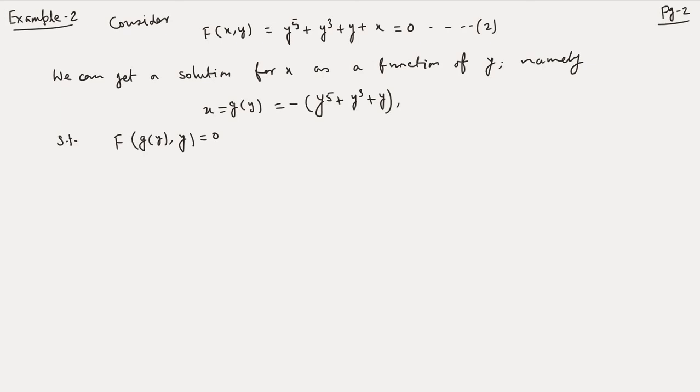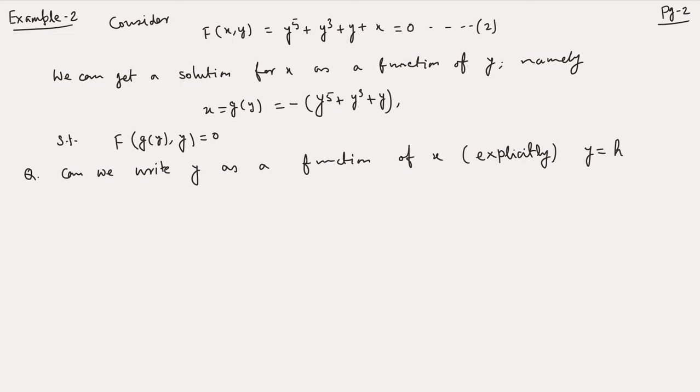So here we have a question: can we write y as a function of x, maybe explicitly, like y equal to, let's say, h of x, such that f of x comma h of x equal to 0?